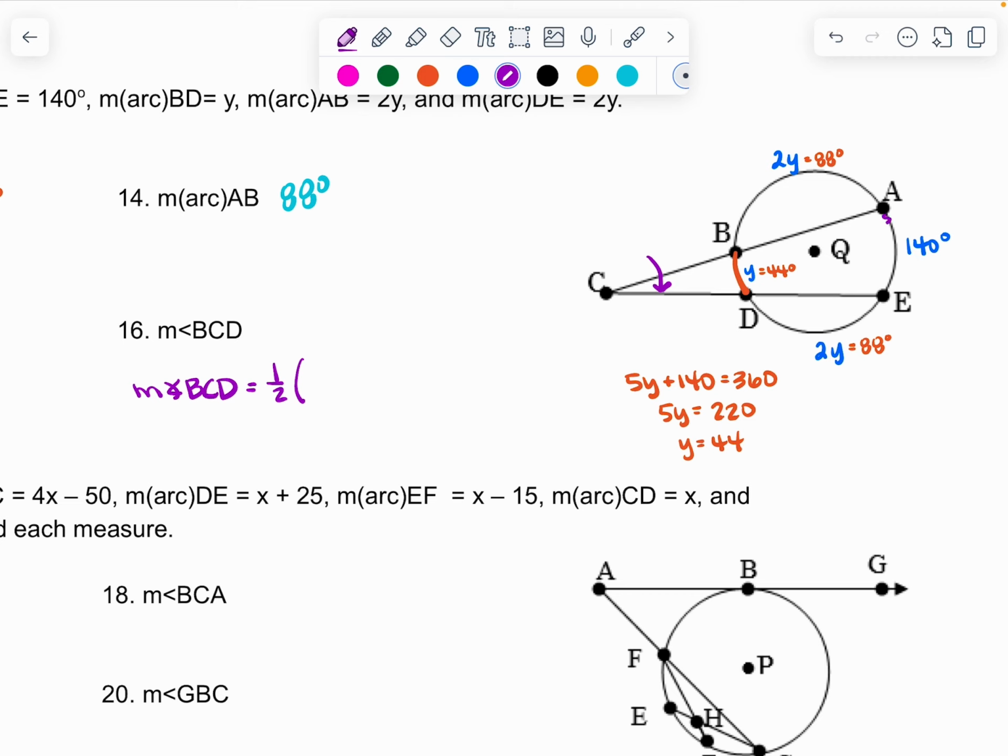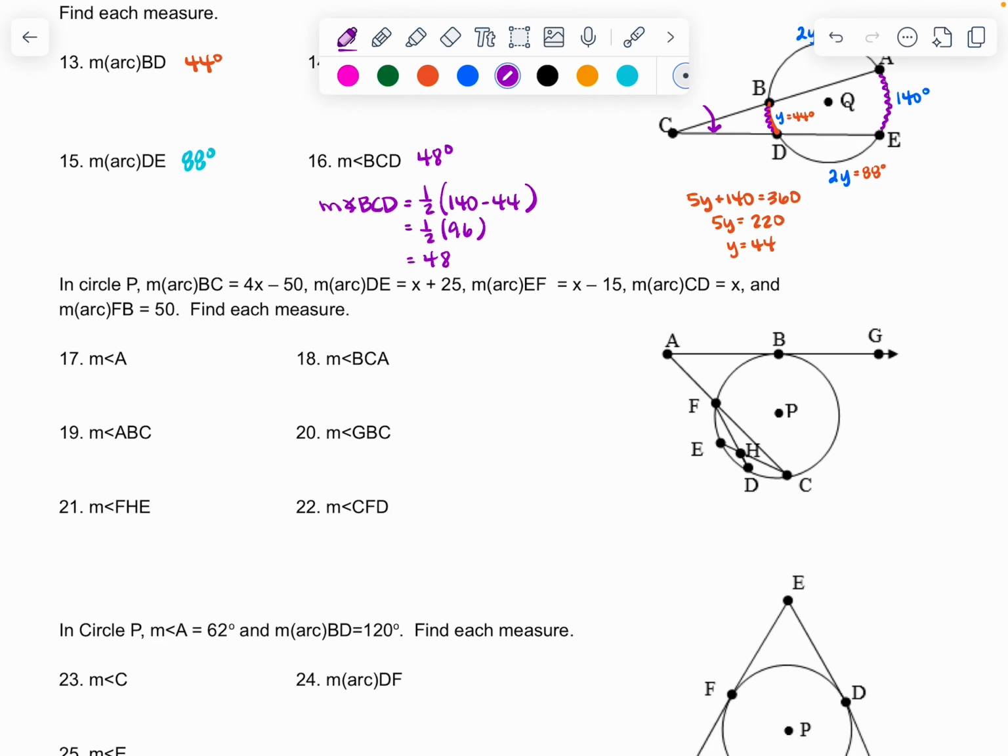And clearly his intercepted arcs are the 140 and that 44 that's closest to him. So 140 minus 44 gives us half of 96, which is 48. And so that would be the measure of angle BCD. Again, that is totally on your formula chart.